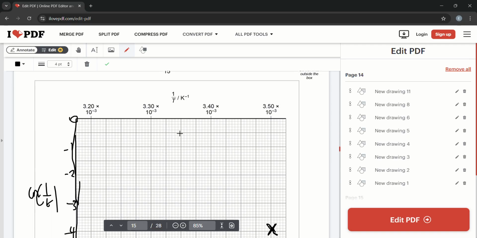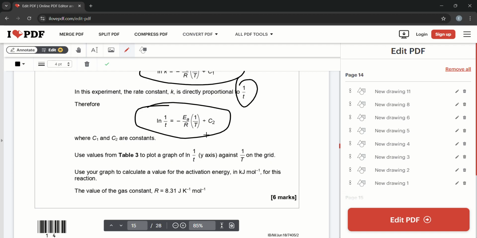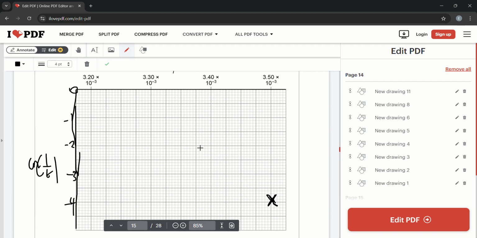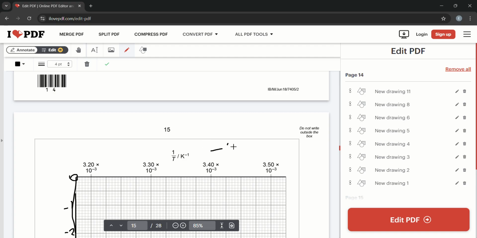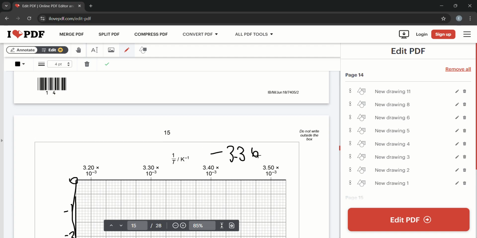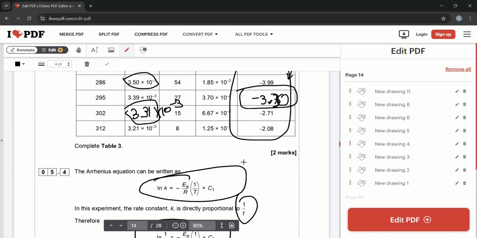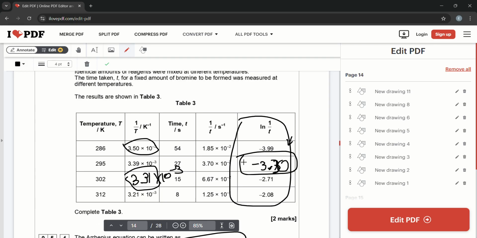It goes up in such a long, this is such a weird, just plotting graphs, I don't like it. So we get minus 3.30, at what time?